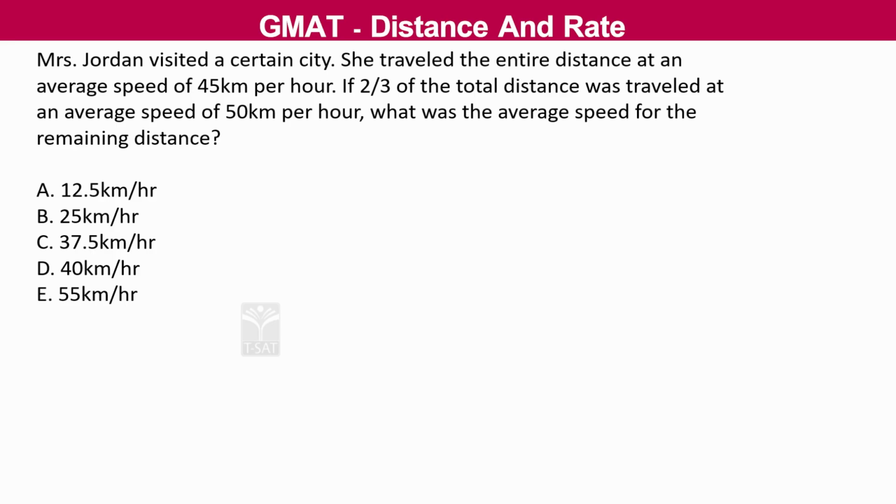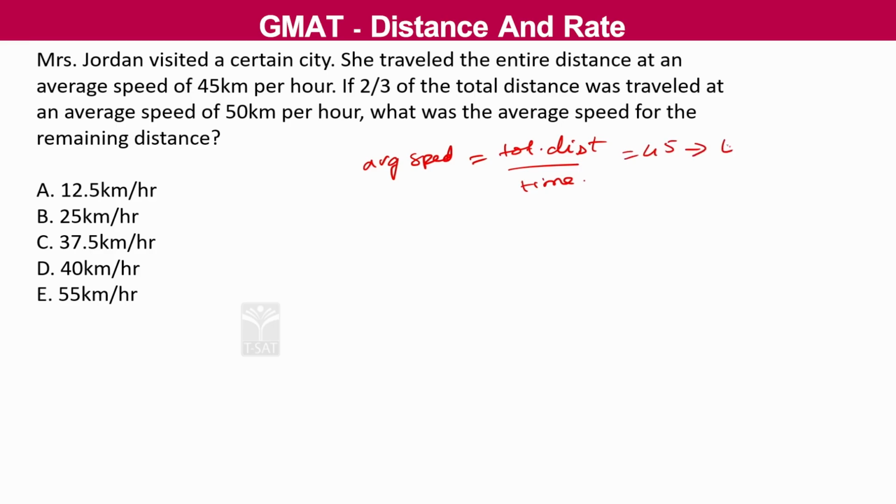Okay. So, the entire distance is covered at the average speed of 45 kilometers per hour. The average speed is equal to the total distance divided by the time taken. This is given as 45.